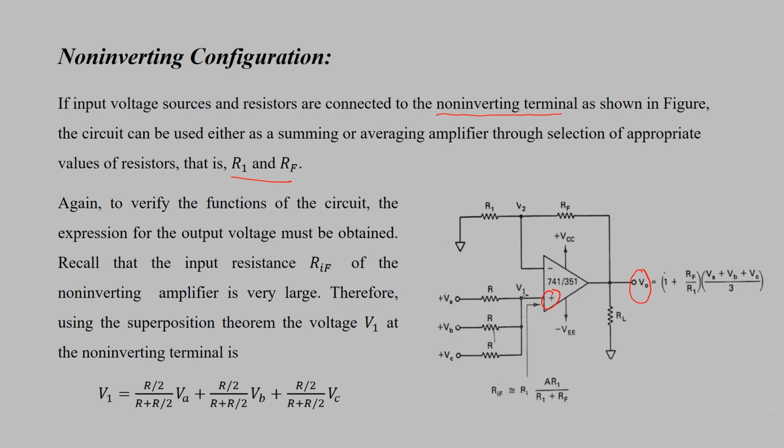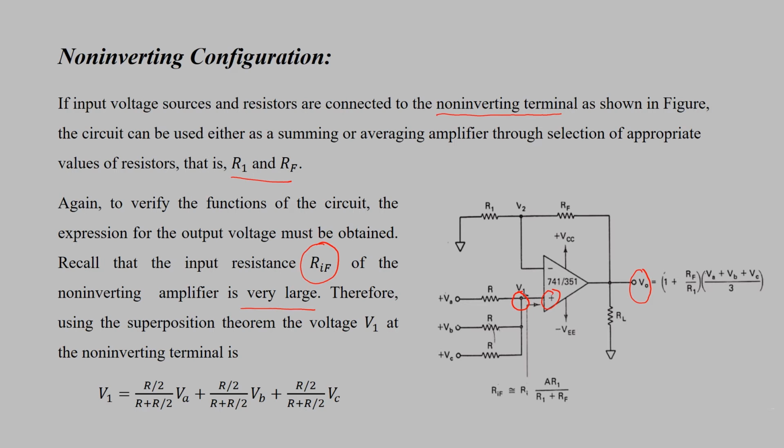We know that the input resistance RIF of a non-inverting amplifier is very large. Therefore, using the superposition theorem, we can calculate the value at V1 for the non-inverting amplifier.